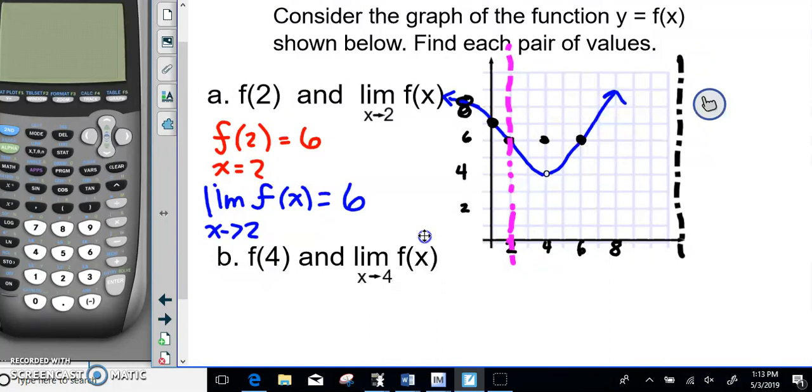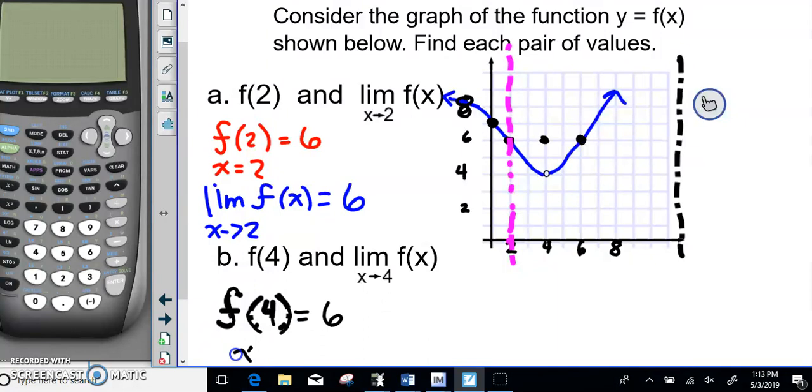But when we talk about closed circles, that's where the value is. That's where something is. So at x equals 4, there's an open circle right here with no value at all. There's nothing there. But at this point, there is a closed circle. So for f of 4, the answer is just 6.